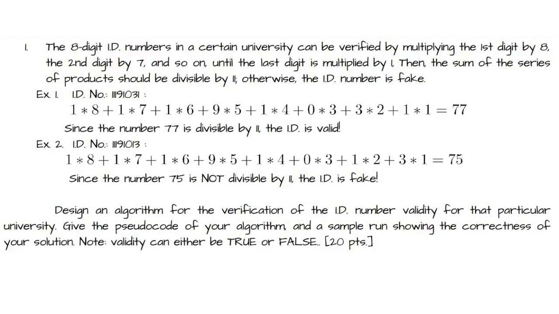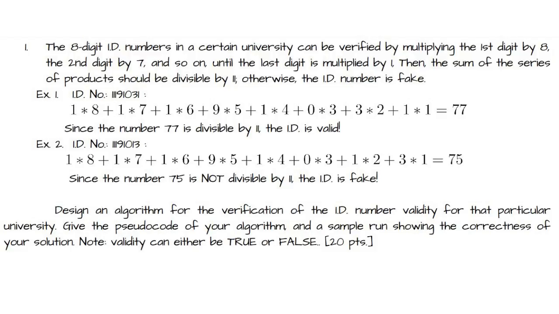Since the number 77 is divisible by 11, then the ID is valid. Otherwise, if you have, say, 11191013, and you multiplied it with 8, 7, and so on, you will get 75. Since the number 75 is not divisible by 11, the ID is fake.